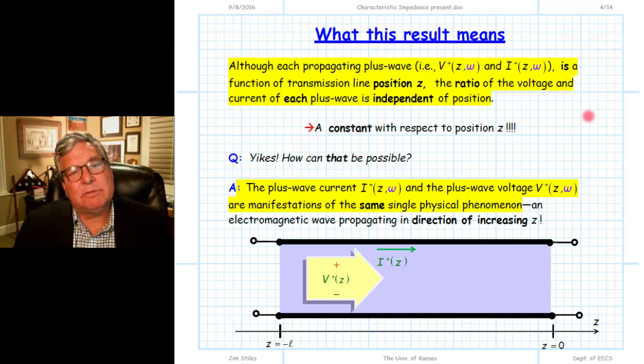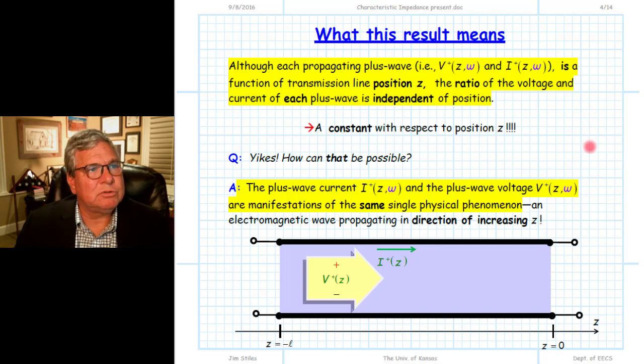There's another interesting result, though, and this causes great confusion for students: the ratio of these two complex functions, which generally have both a real and imaginary part, is a real valued constant, the square root of L over C. The other constants, the complex wave amplitudes, V0 plus, for example, are constant with respect to z, of course, but they are complex. They have both real and imaginary parts, generally speaking. Yet the ratio of the two, it turns out, has the real value, square root of L over C. We'll talk more about that in a second.